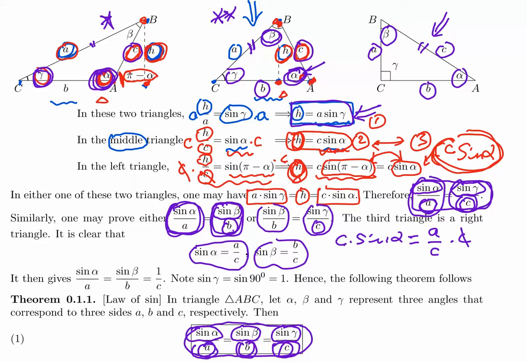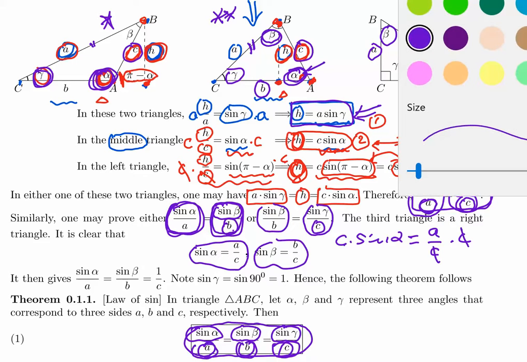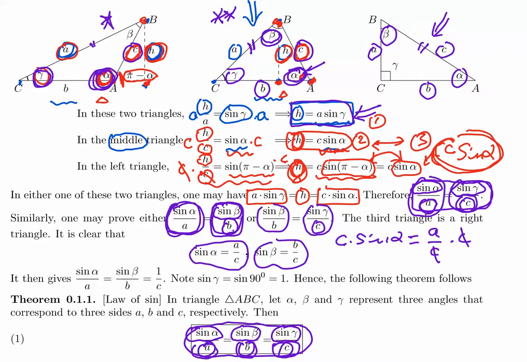You cancel this C with this C. And you can do more: divide by sine alpha. Divided by sine alpha. So what do we get? Those two will be cancelled. So C equals A over sine alpha.